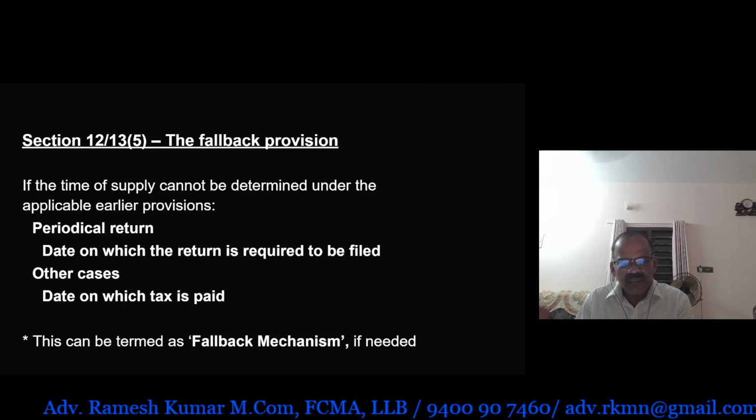These provisions provide an answer for such questions. It says that if a periodical return is required to be filed, the time of supply will be the date on which such a return has been filed or is required to be filed. And in any other case, it will be the date on which tax is actually paid.